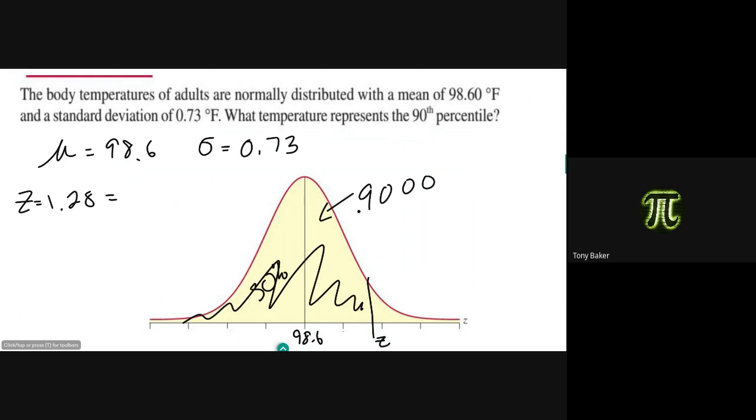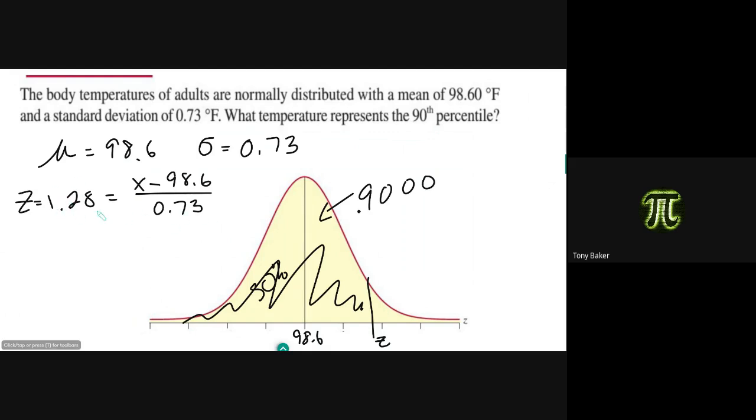And I know that equals X minus the 98.6 over the 0.73, correct? Sorry, we have to do a little algebra because I need to find X. So how do I solve for X? Yep, multiply by the 0.73. No, the 1.28.